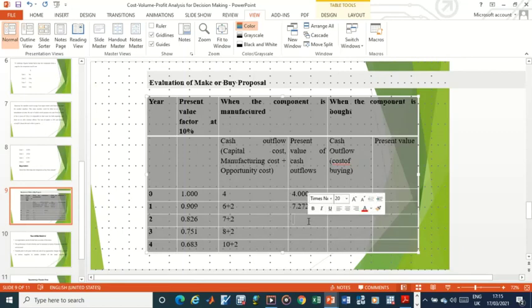Next is, okay, let me do it this way to simplify it. This is 8. The next one is 9. This gives us 10. While the next one, 10 plus 2 gives us 12.